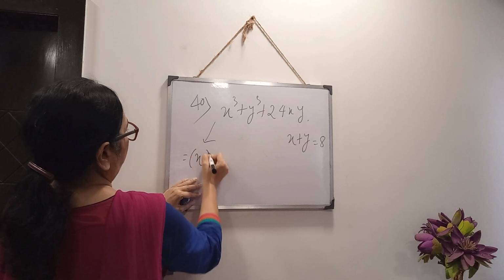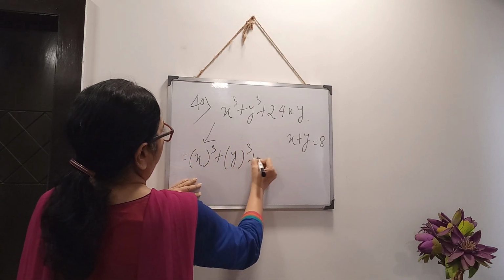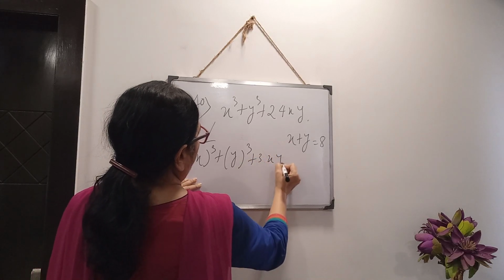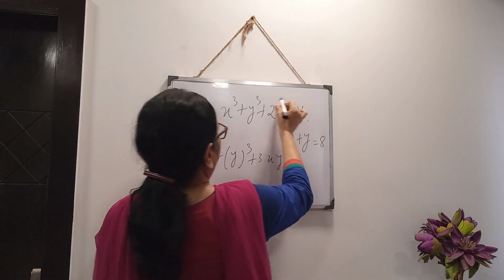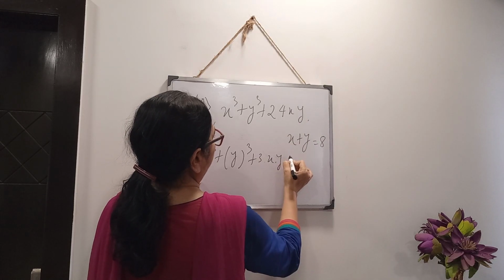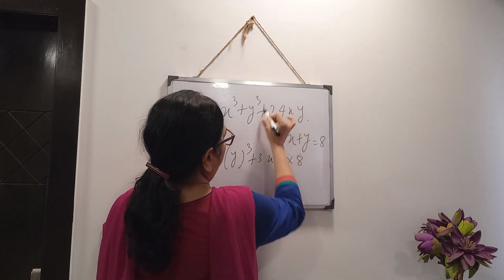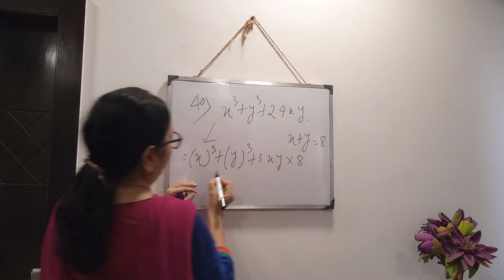So this one I can write from what is given: x cube, a cube plus b cube plus 3ab. Now there is 24xy, so I have written 3 into x into y, so 8 is left. Clear? 8 3s are 24xy. So 3xy into 8.